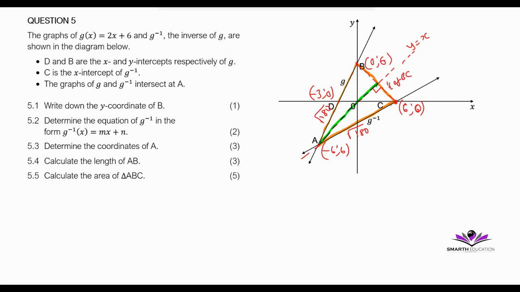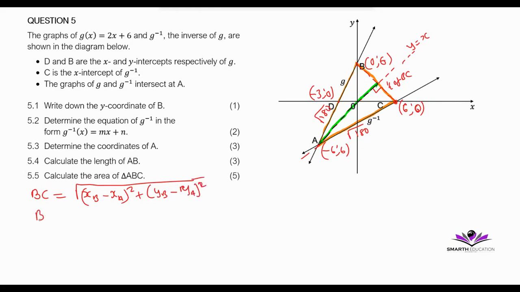Let's find BC first. So BC is equal to the square root of (XB minus XA) squared plus (YB minus YA) squared.